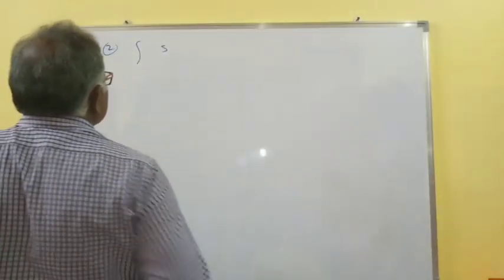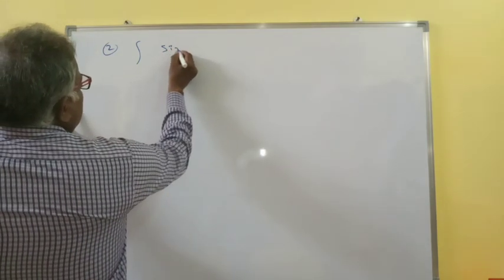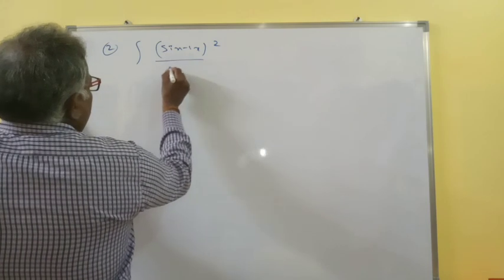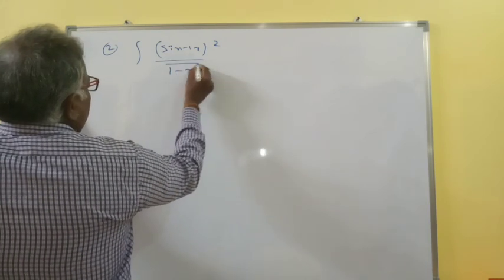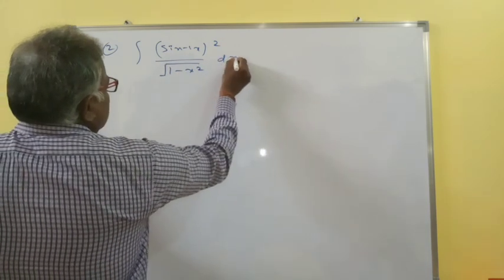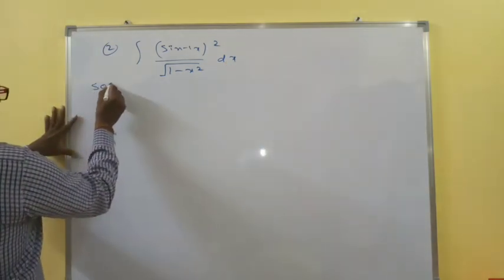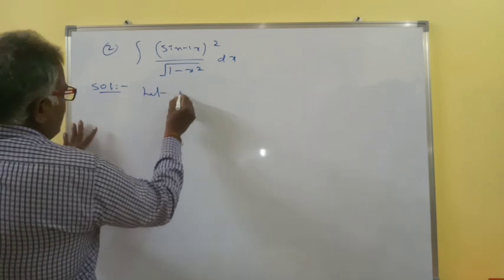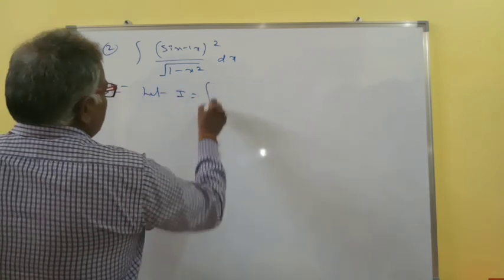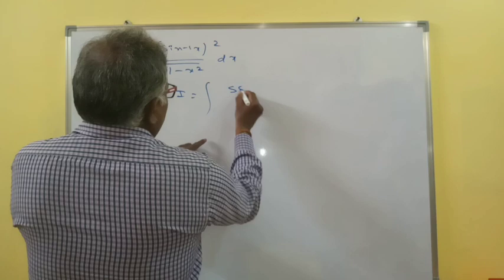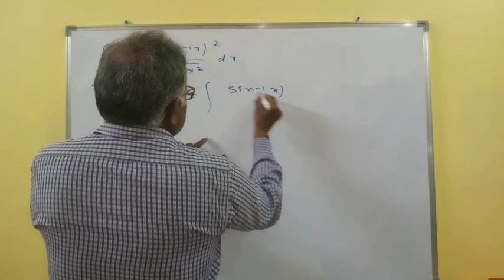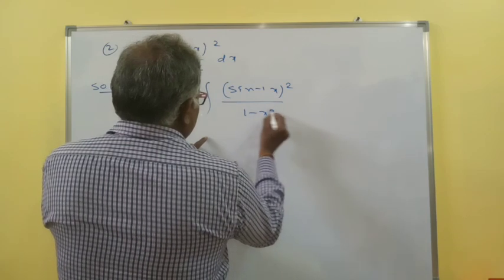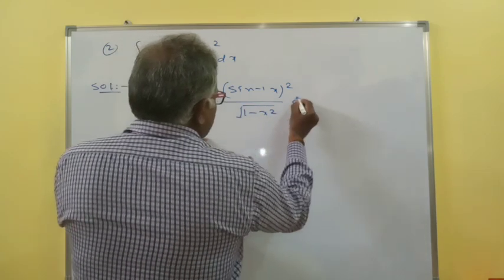Integral of sin inverse x whole square by root of 1 minus x square dx. So solution: let I be equal to the integral of sin inverse x whole square divided by root of 1 minus x square dx.